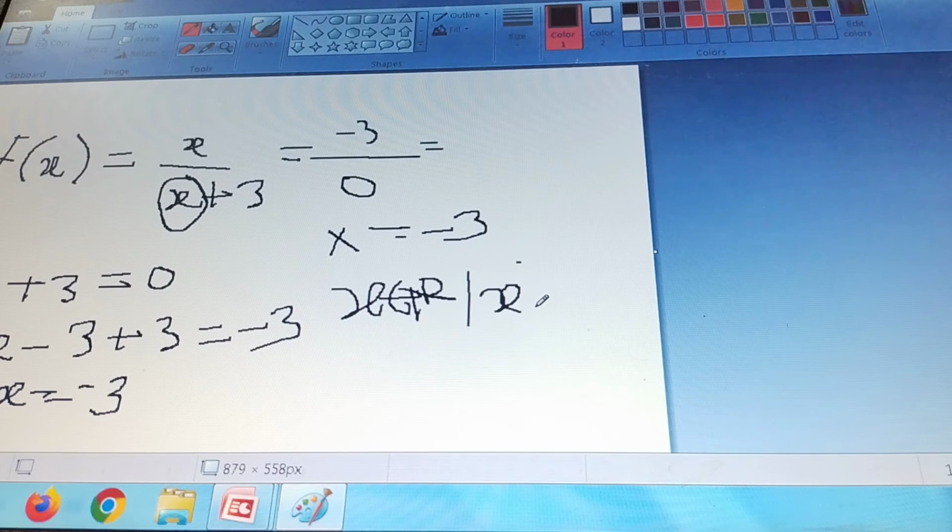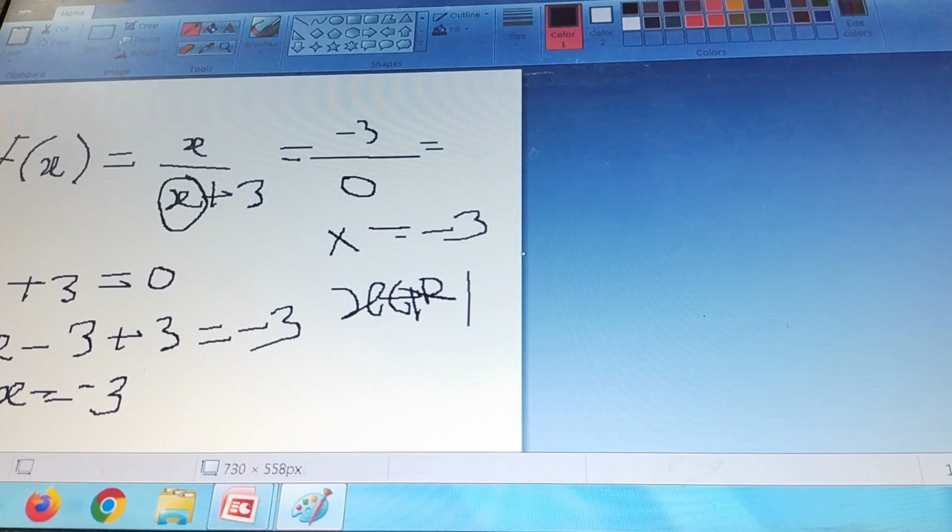This is the set of real numbers. This is the domain.